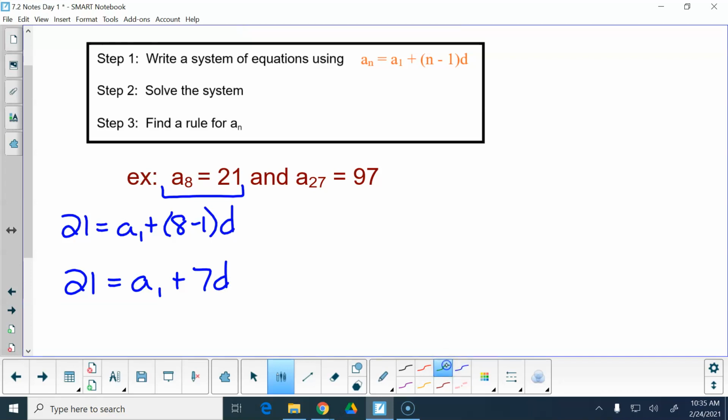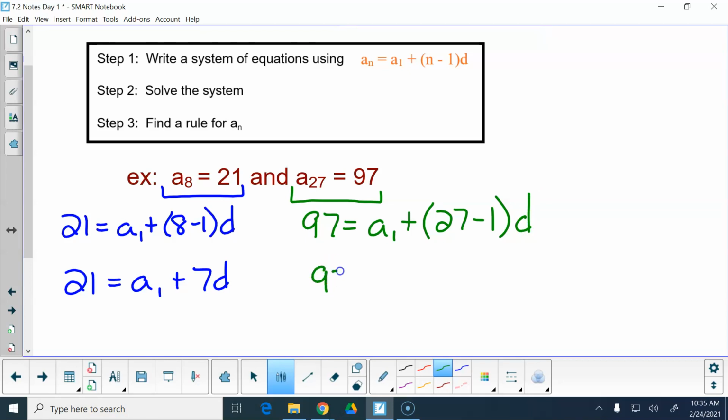Then I would have to take the second term that I'm given, and I would say 97 is equal to a sub 1 plus 27 minus 1 times d, utilizing my rule. So 97 here is a sub 1 plus 26d.